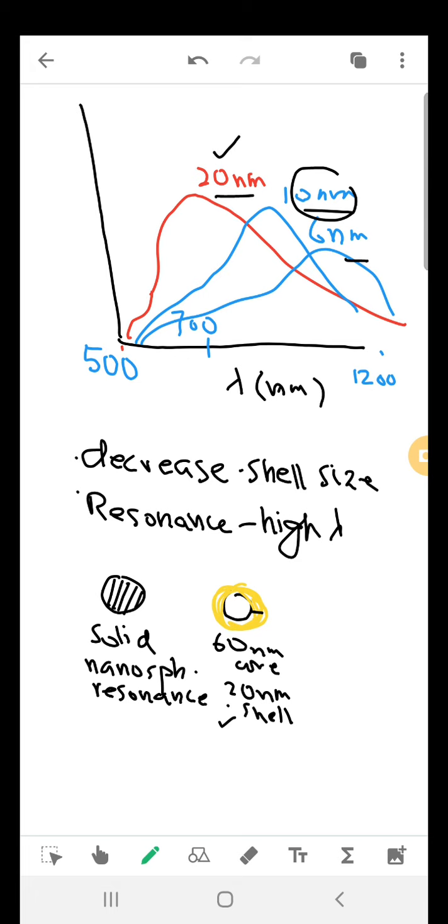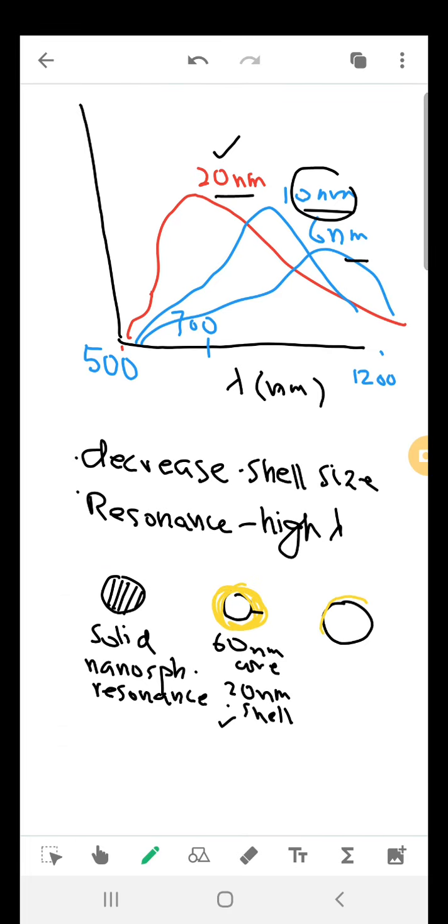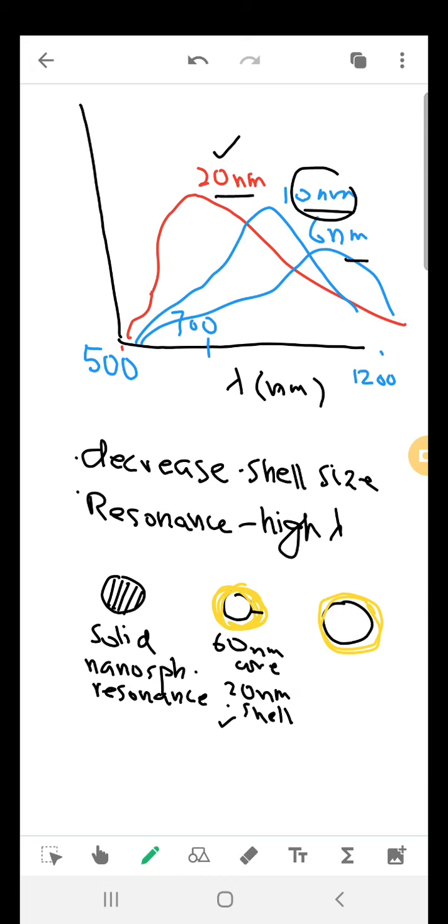So now what we are doing, we are reducing the size of the shell. So we increase the size of the core, that is, we have reduced the size of the shell. Okay, now 16 nanometer core here, this is the same. However, the shell size is now 6 nanometers. So we see a shift of the resonance peak. This is the resonance peak for the shell type of structure.